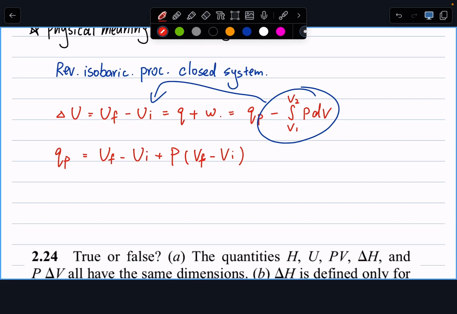Then we can simplify the term a little bit. The final goes with the final and initial goes with initial. So we got U_F plus PV_F minus U initial minus PV initial, and this term is our H final. Remember the definition of enthalpy equals U plus PV, and this term minus our initial enthalpy.